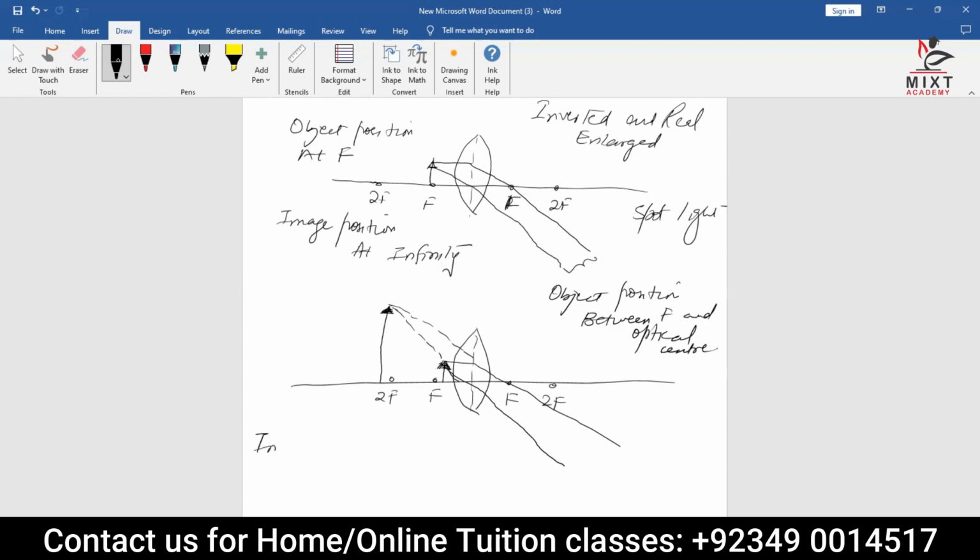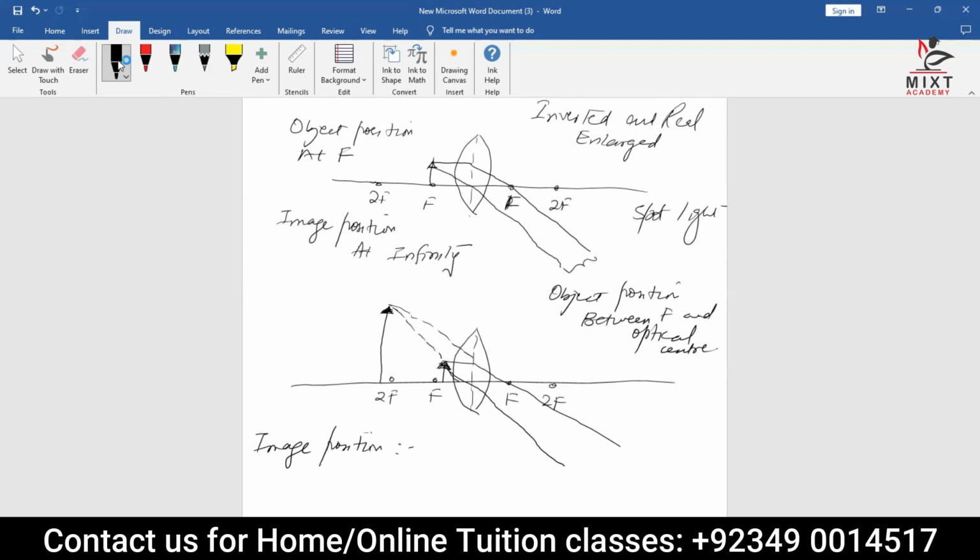Where the image is formed? Anyone? Image position? Yes. Sir, behind 2F? No, no. We don't say it is behind 2F. It can be anywhere because this image is not actually formed by the real intersection. We proceeded it backward and then it is formed. It can be at 2F.